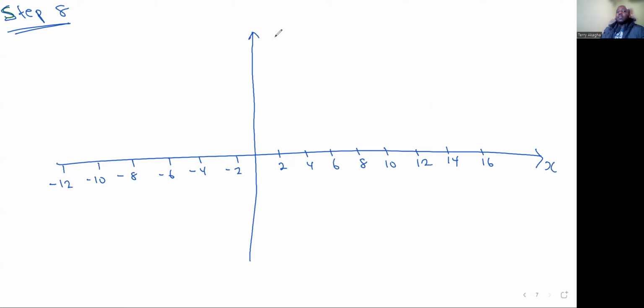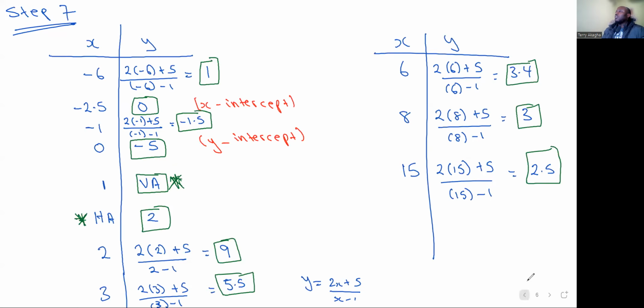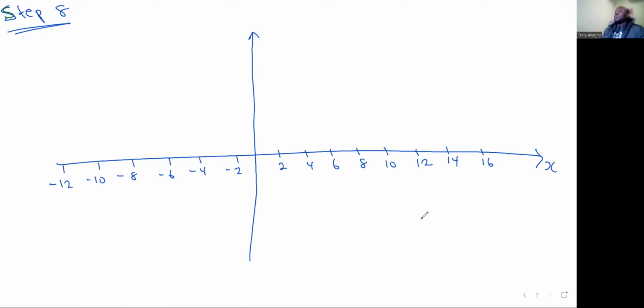Now for the y-axis, we're going to do the same thing to make it interesting. The maximum y value we had was about 9, and the lowest was about -5. So 2, 4 can also work here. So we can say 2, 4, 6, 8, 10. You can add one more, 12.